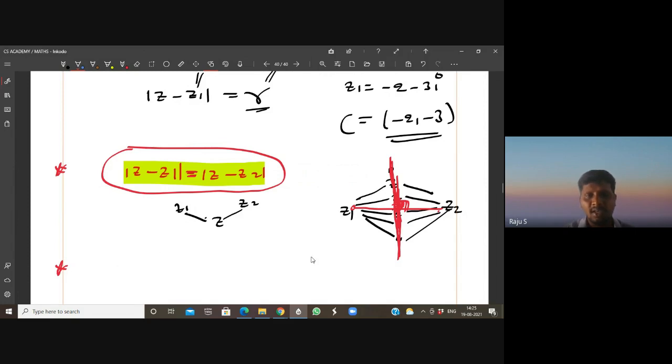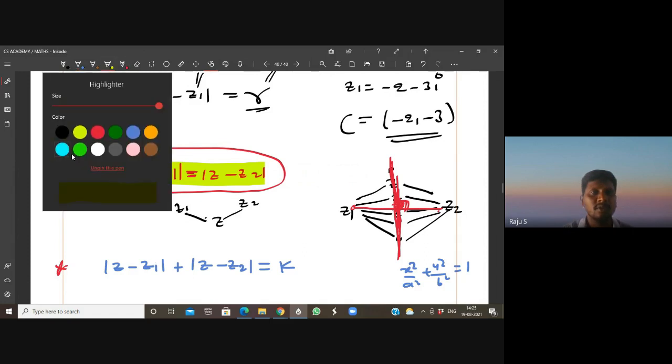Ellipse. Ellipse equation in the Cartesian form is x square by a square plus y square by b square is equal to 1. In the same way, in complex form it is given by modulus of z minus z1 plus modulus of z minus z2 is equal to k. Sum of the distances from 2 points, right students?